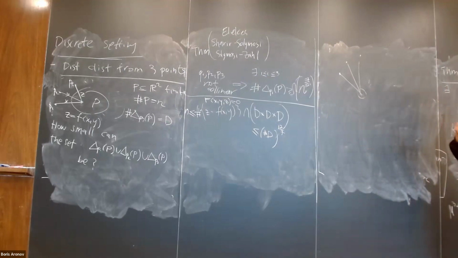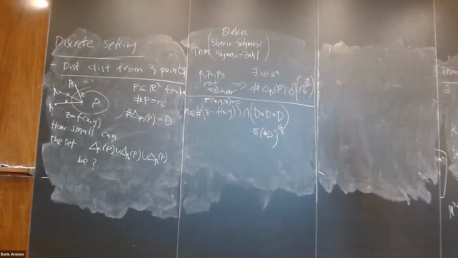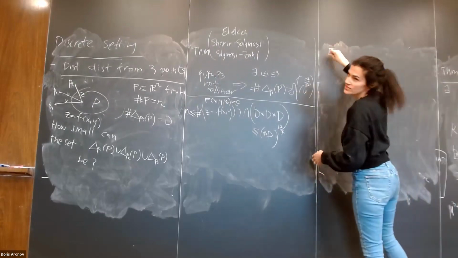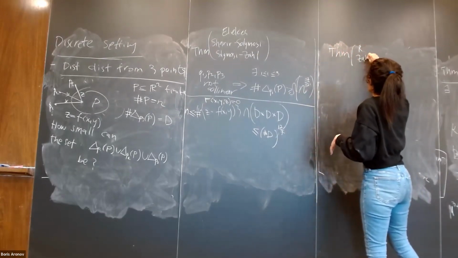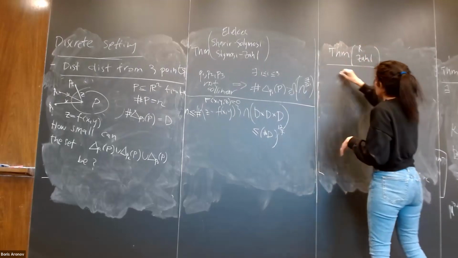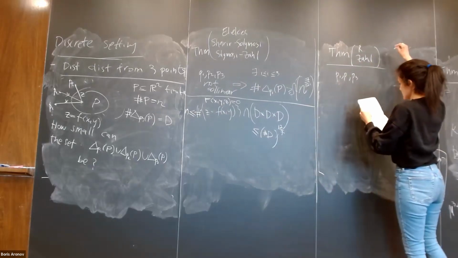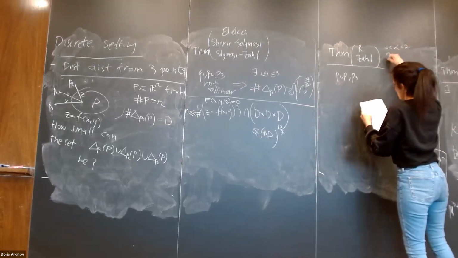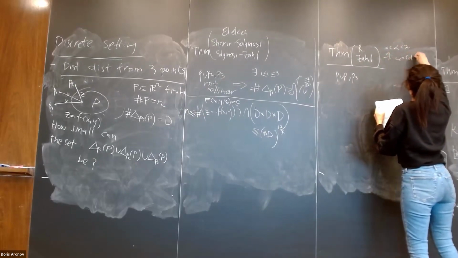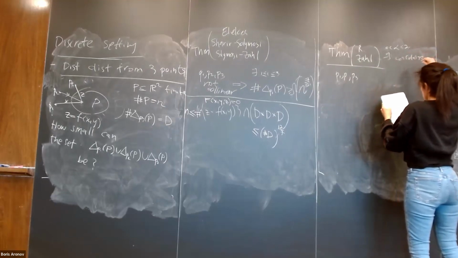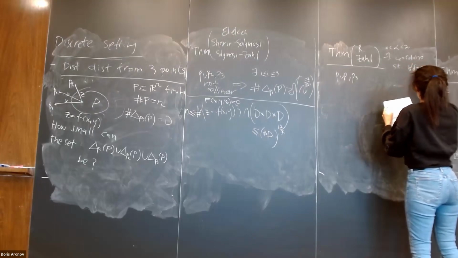But still, one thing we can do is just fix the 3 points and assume delta is small.